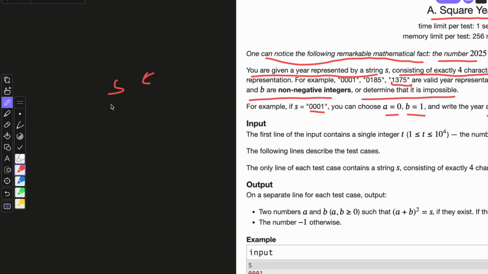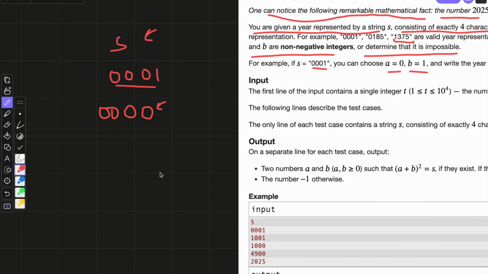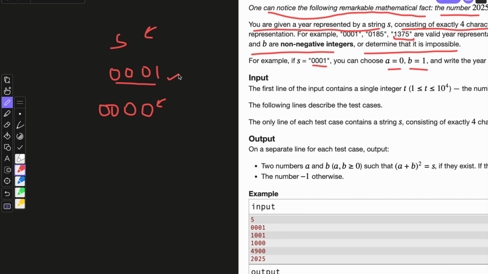Okay, so the string can have leading zeros as well, like in this example it's 0001, and it will have only 4 characters. So it can be 0000, which is an edge case, and 0001 or any number, only 4 characters.